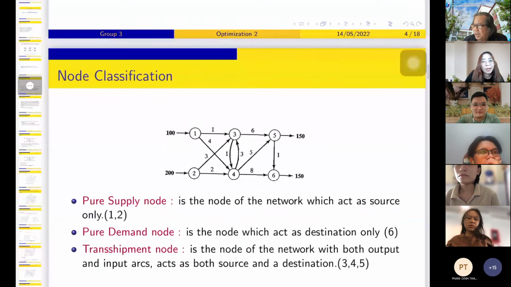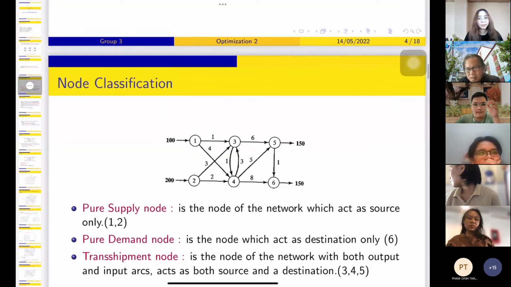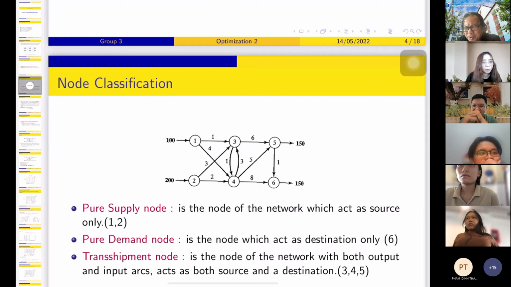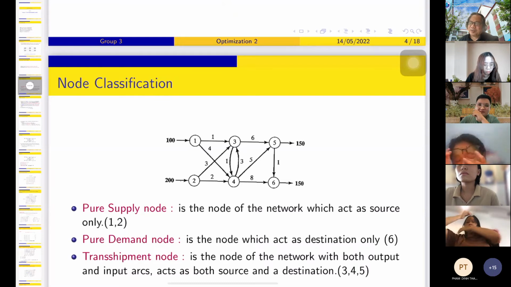Like this problem, what is it? I'm sorry, I'm wrong. You don't know how to tell people. You just say, in order to solve the transshipment problem, but you do not give us the definition of the transshipment problem. What is it?